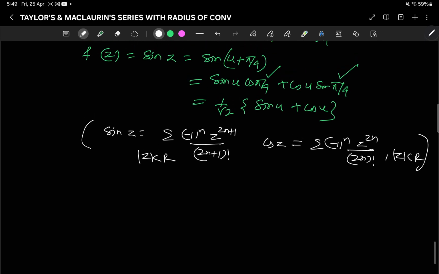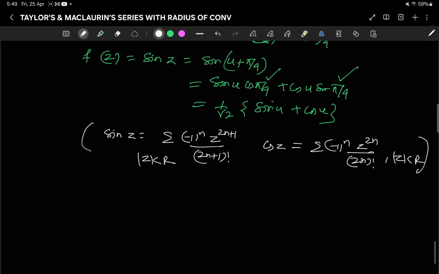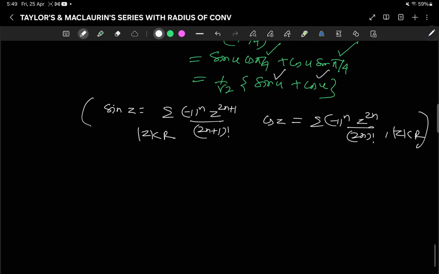So what we are getting? We can apply the formula for sin u and cos u. So this will be 1 by root 2, sin u is the summation of (-1)^n u^(2n+1) by factorial (2n+1), and accordingly cos u is the summation of (-1)^n u^(2n) by factorial (2n).